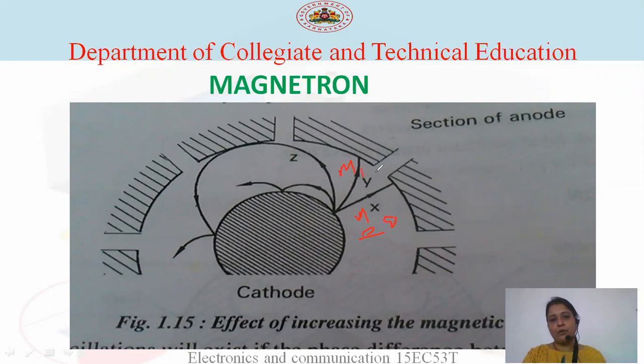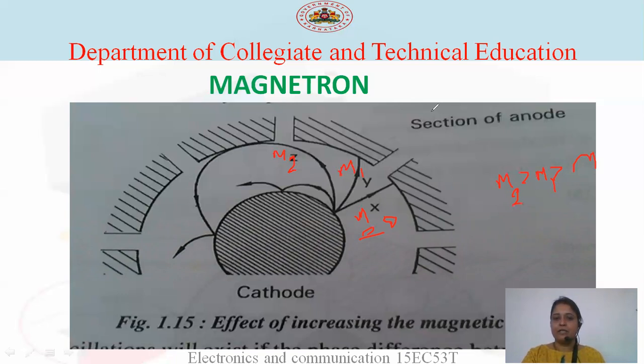Now increase this M1 to some higher value, for example M2, where M2 is greater than M1, and M1 is greater than the zero field. For X, it is almost 0 only, so the electron path is straight.